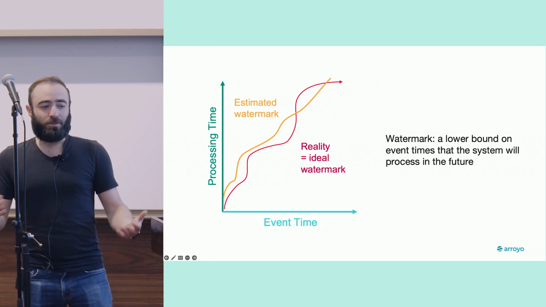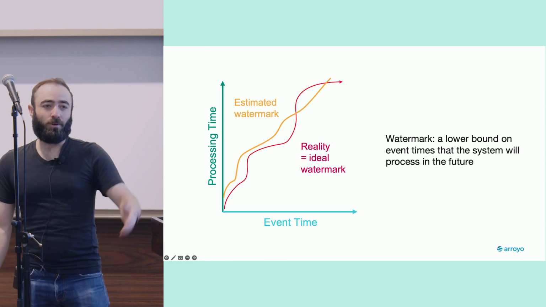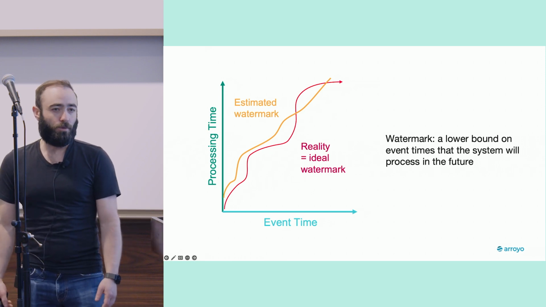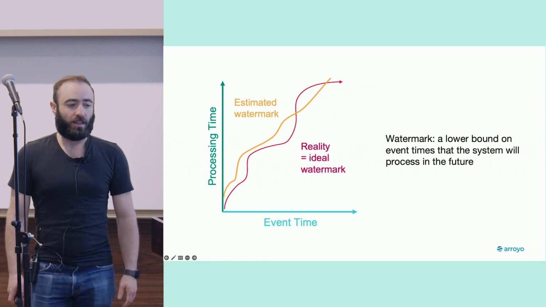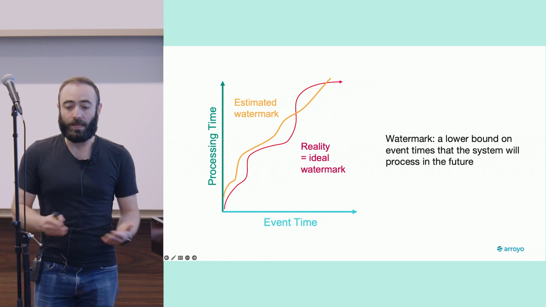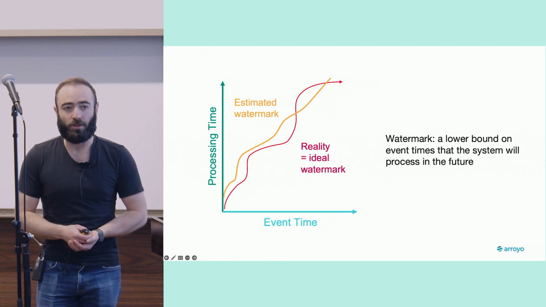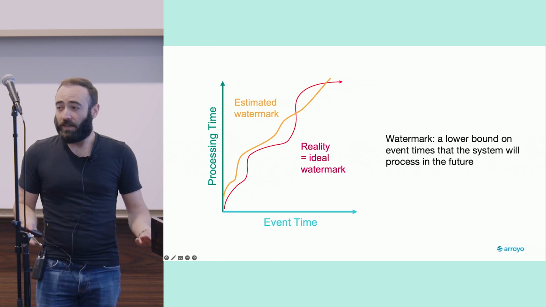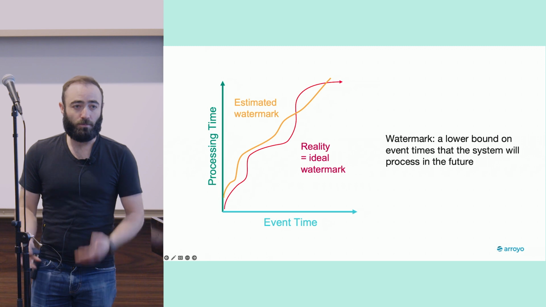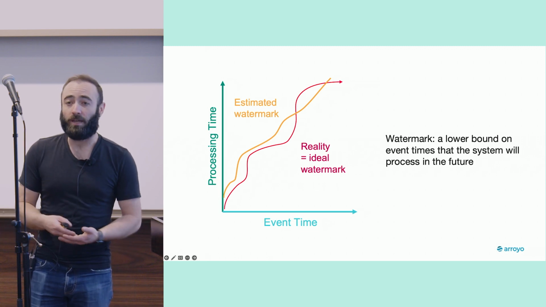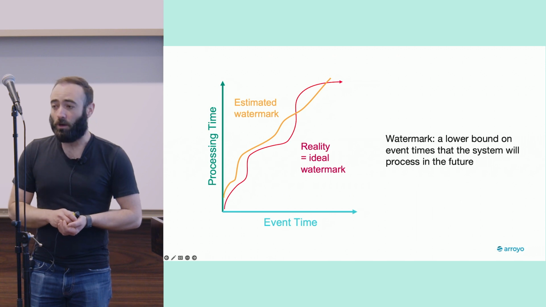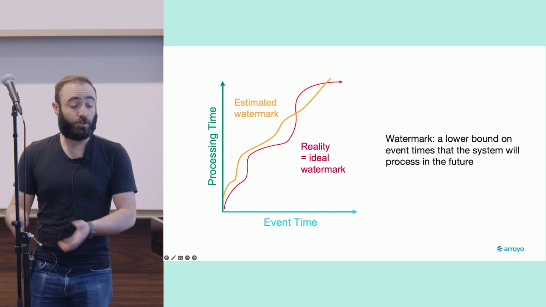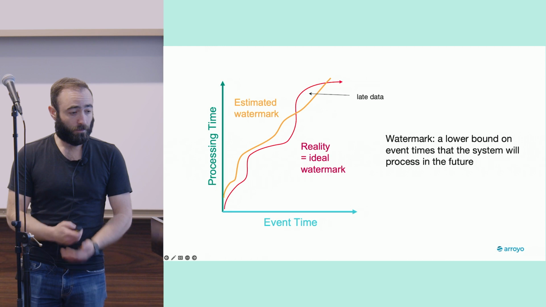And then there are statistical techniques. This paper had some cool ones where you are trying to estimate completeness. You can essentially think of this as a slider between latency and completeness. So if you're willing to deal with less complete data, you can get data faster. If you need more complete data, doing financial stuff or whatever, you're going to wait longer to ensure that you've seen all of the data.